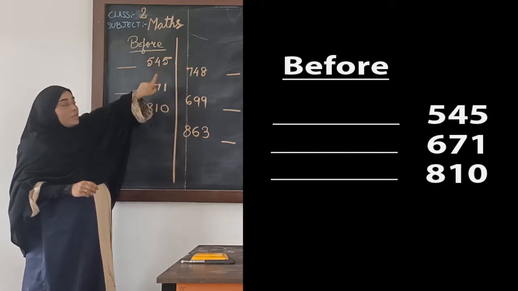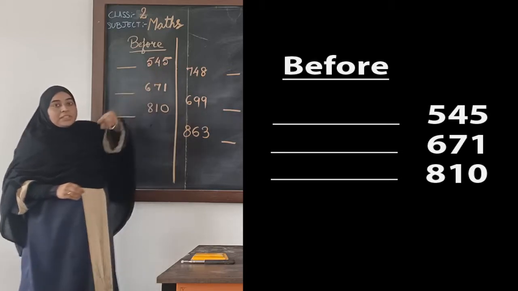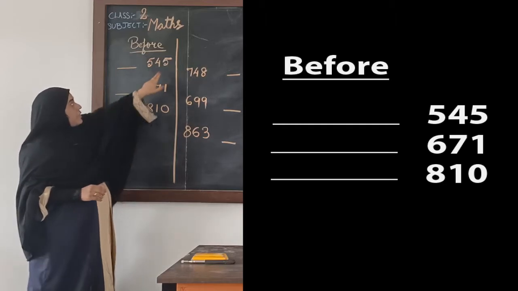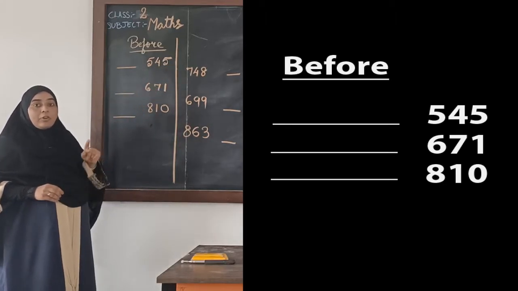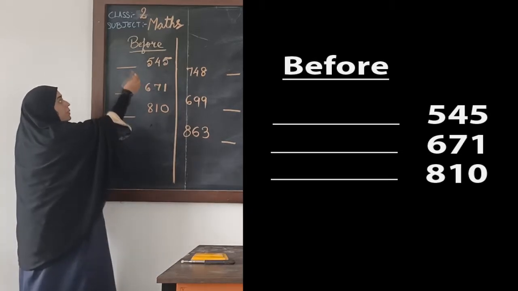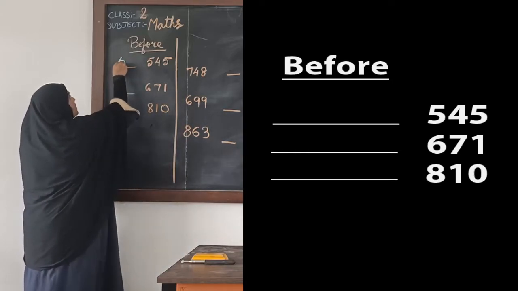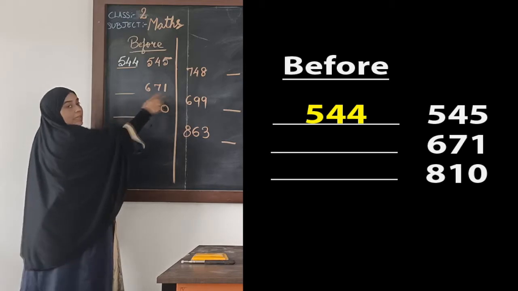How do we read this number? 545. So which is the number that will come just before 545? We have 45. So what will be the number before 45? 44. So the number before will be 544.